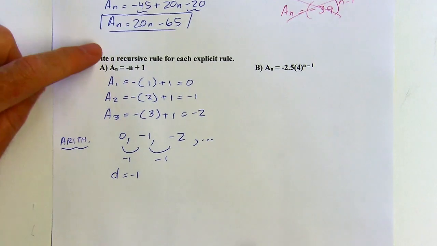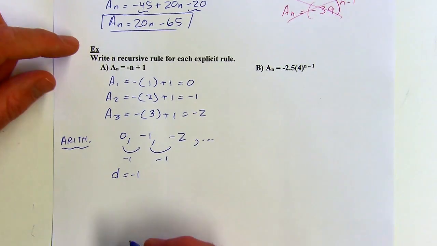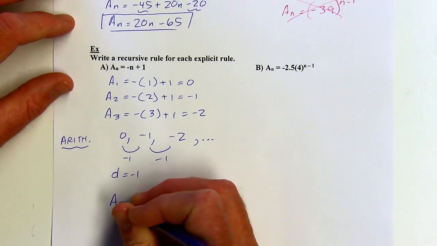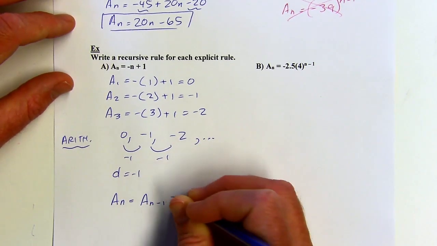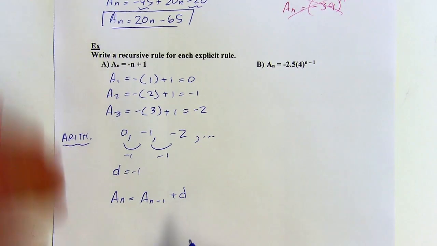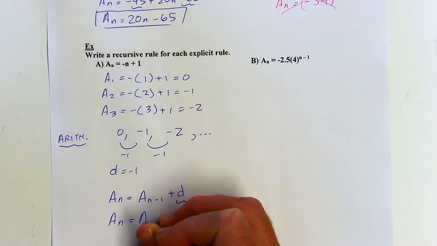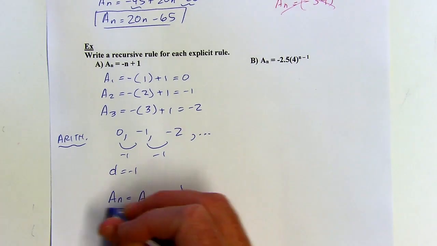So now, since I'm going to write a recursive rule, I need to find the recursive arithmetic equation. And the recursive one for arithmetic looks like this. Okay, and all I have to do here is plug in the d. And the difference is negative 1.